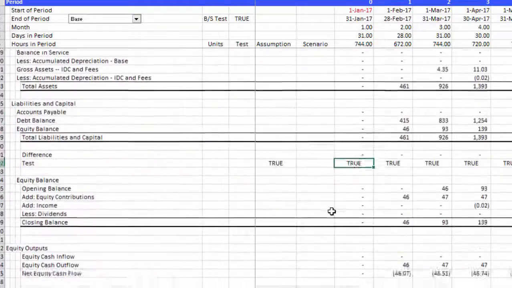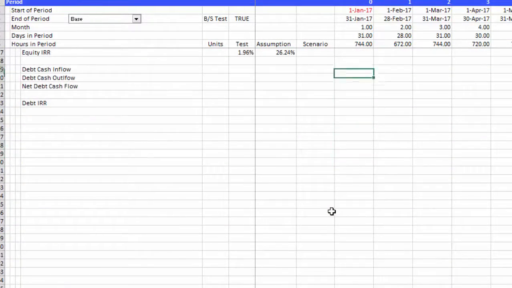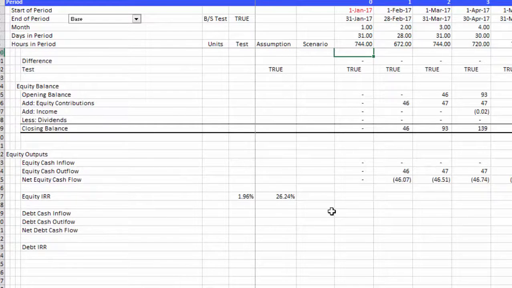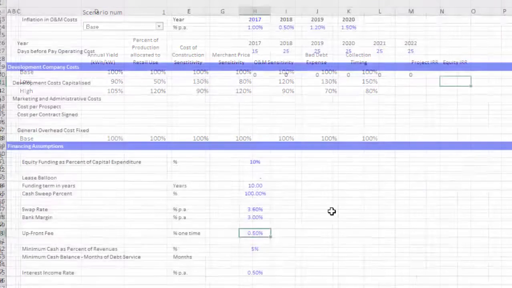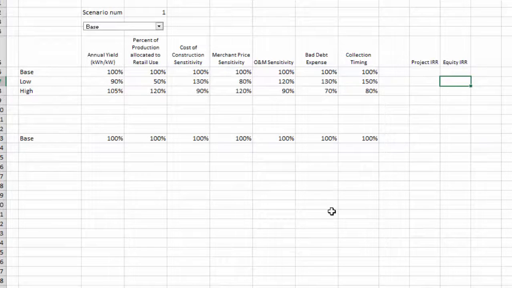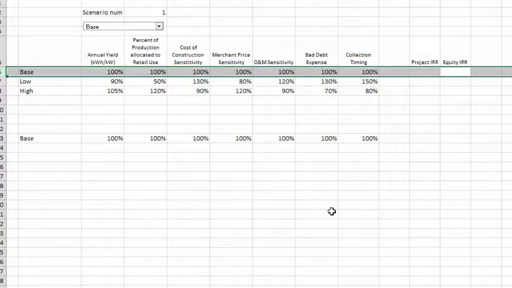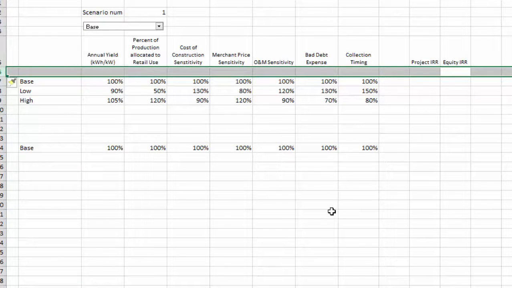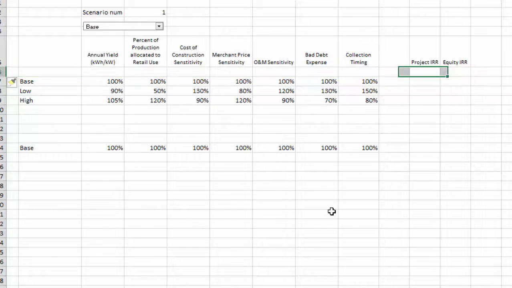Okay, and maybe I'll have an addendum for this. Now the rest of this is going to be a little bit of scenario analysis and presentation, but the big thing is that the model is finished. Okay, and that's that for that video.